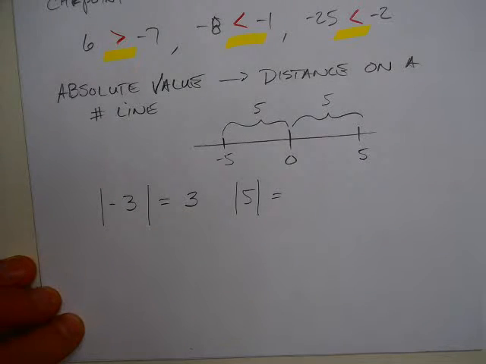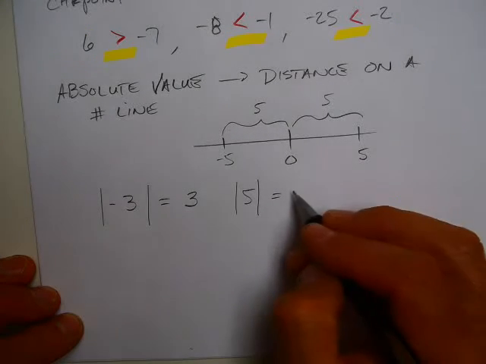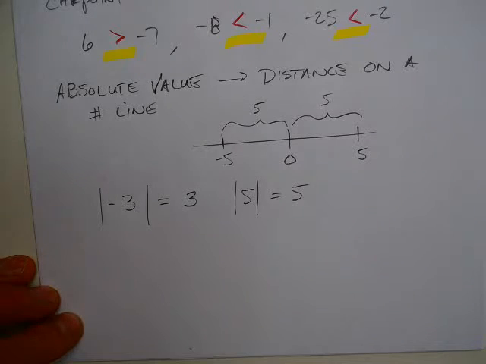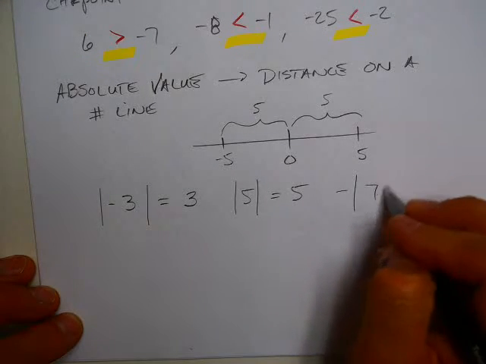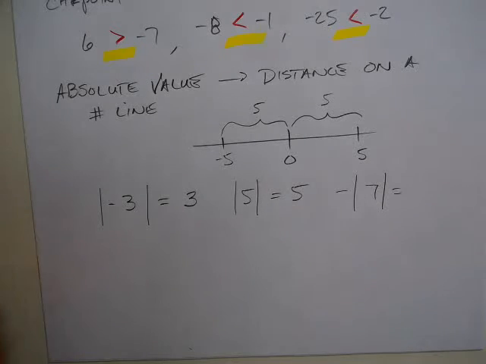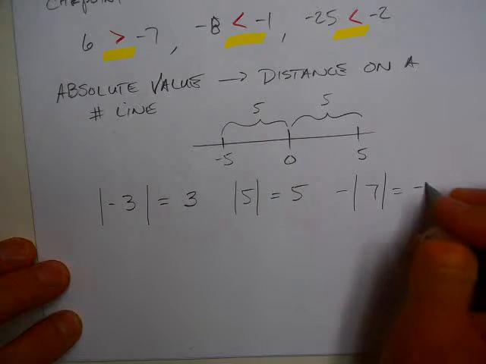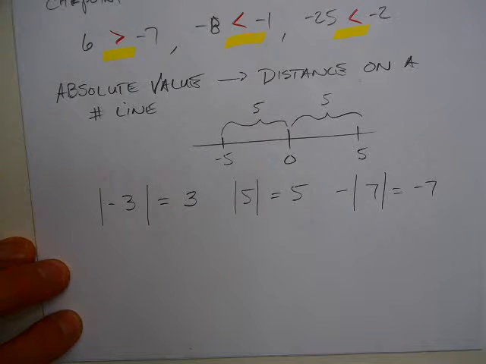So the absolute value of 5 is 5. What if I do something like this? Yeah, that's a negative 7 because the negative is not inside the absolute value. So once the absolute value is evaluated, then we put the negative on there after. You can still have a negative result if the negative's outside.